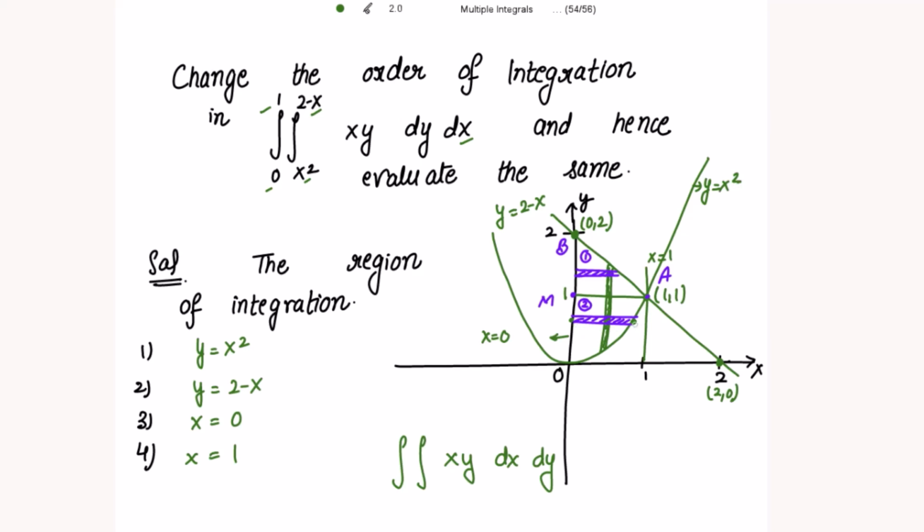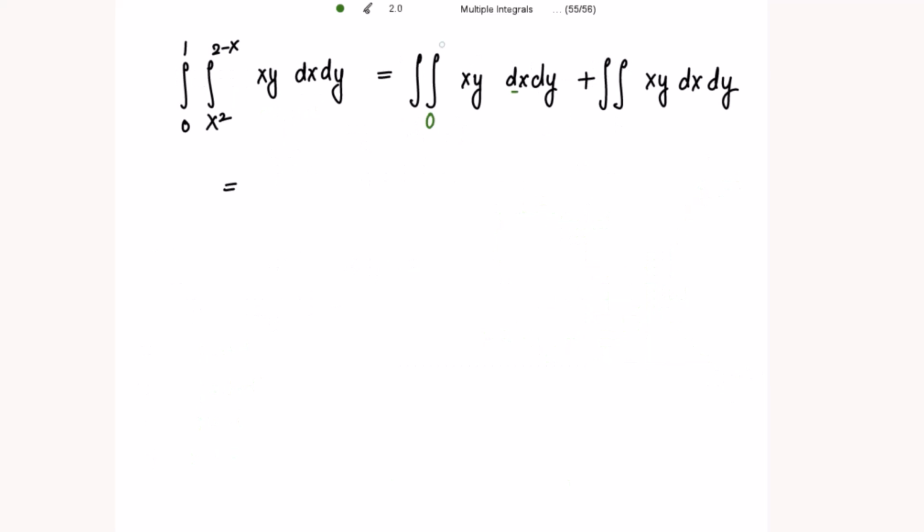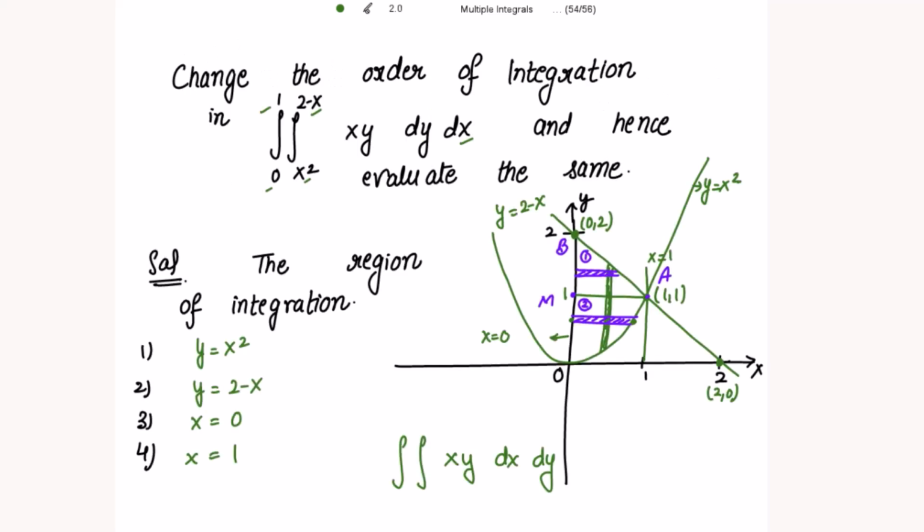According to this horizontal strip, the value of x starts from 0 and reaches this curve, where the value of x is the square root of y. So writing here square root of y. And now putting the limits for y, which are constants. For this region OAM, the limits of y are from 0 to 1, from 0 to this point 1.